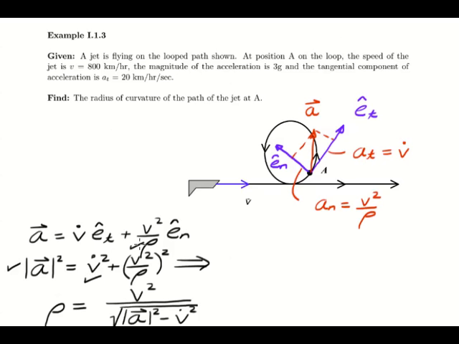Up here on the top, we have v, which we know. And from that one equation, we were able to find rho. And keep in mind that we were able to get this information without knowing much about the path there at all. We don't really know its shape. We don't know the size or anything else. But just from those three pieces of information, we're able to get the radius of curvature of the path.